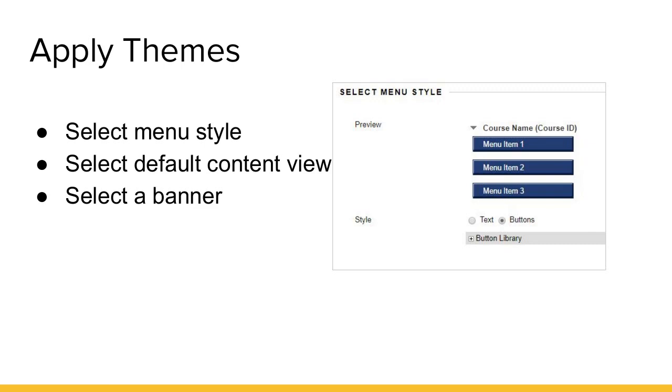When we talk about default content area, it's whether you want to have the cute little icons next to the titles or whether you want it to just be text. Some people like to have the little icons because it indicates whether it's an item, a link, a module or a folder.